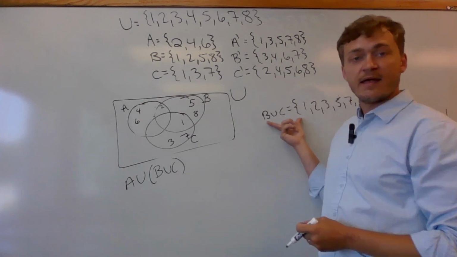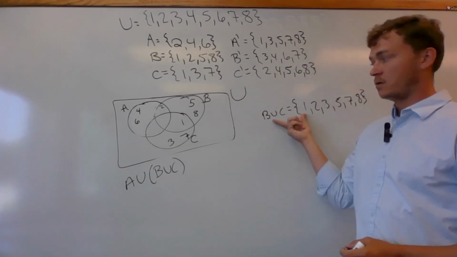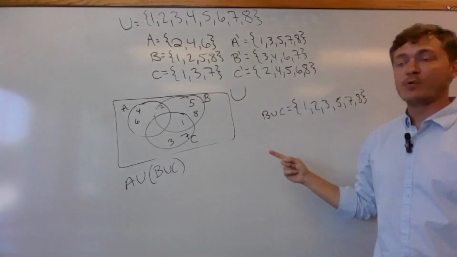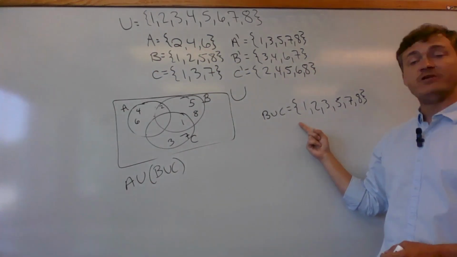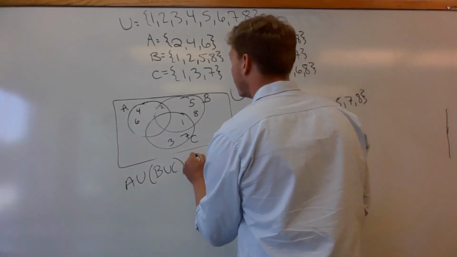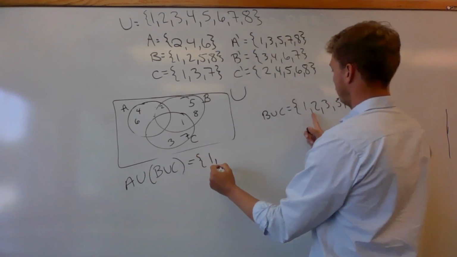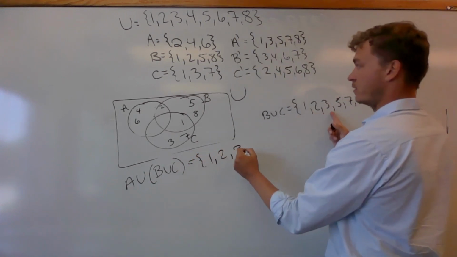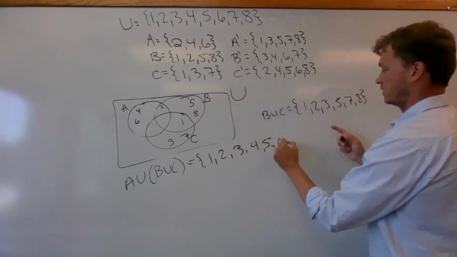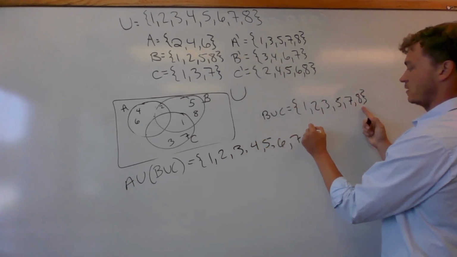But now I'm going to take that expression and unionize it with A. So everything that's in A, 2, 4, 6, is going to be brought together with everything in B union C, 1, 2, 3, 5, 7, 8. I'm collecting everything: 1, 2, 3, 4, 5, 6, 7, 8.